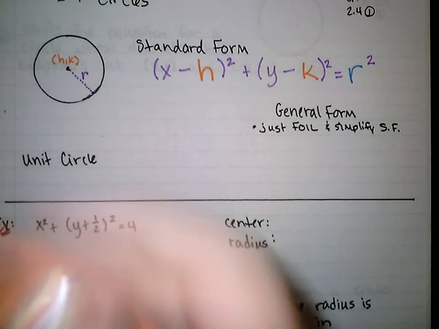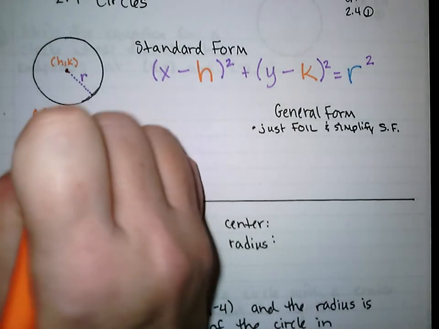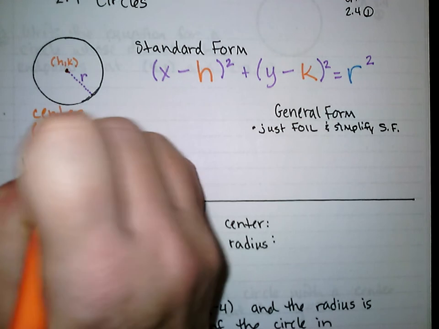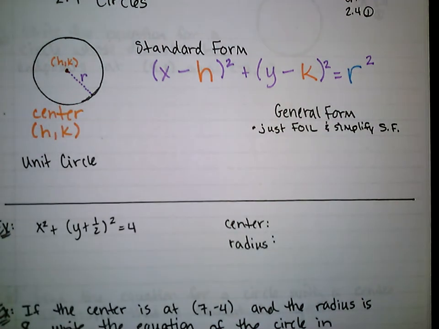So this circle has center (h, k), radius r.